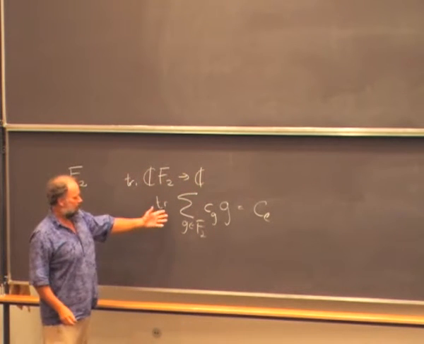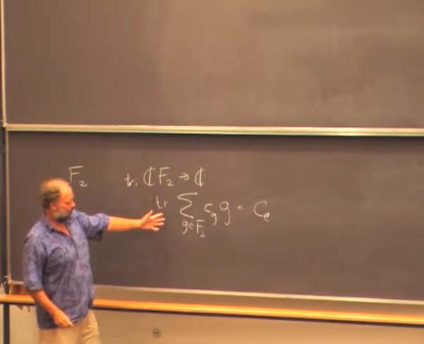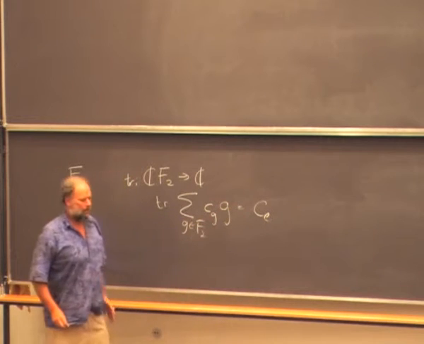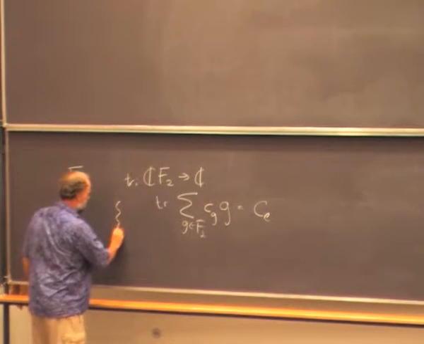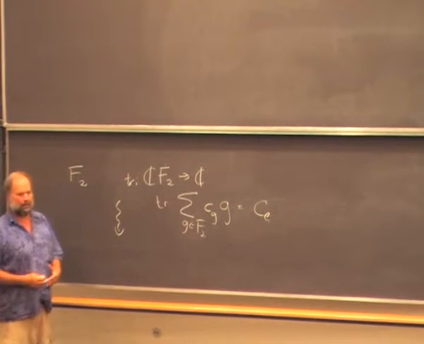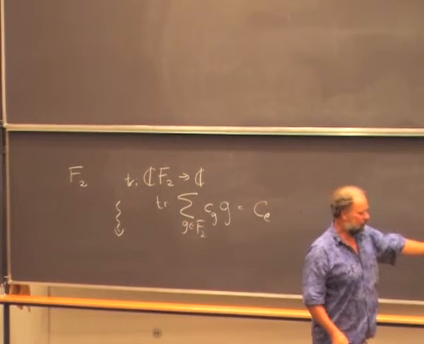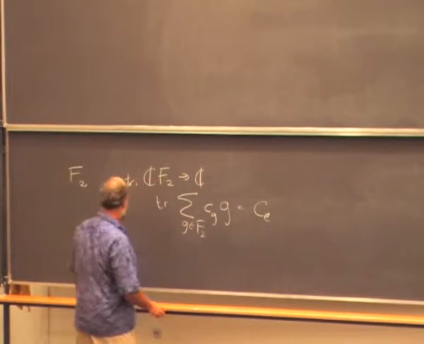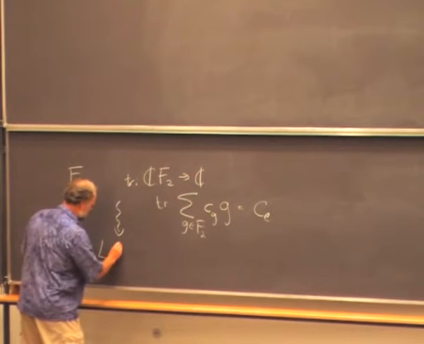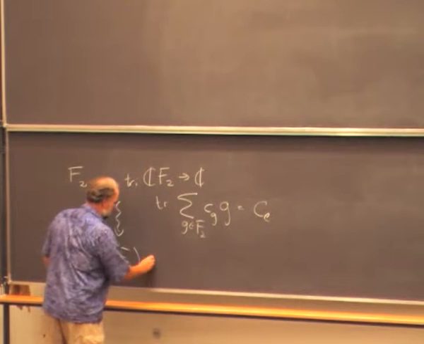The trace is simply you just cut off, you just take the coefficient of the identity. That gives a trace. And what you can do is you can complete this algebra in what formally you write exactly the same way you complete this one, and you get a 2-1 factor which is called L of F2.